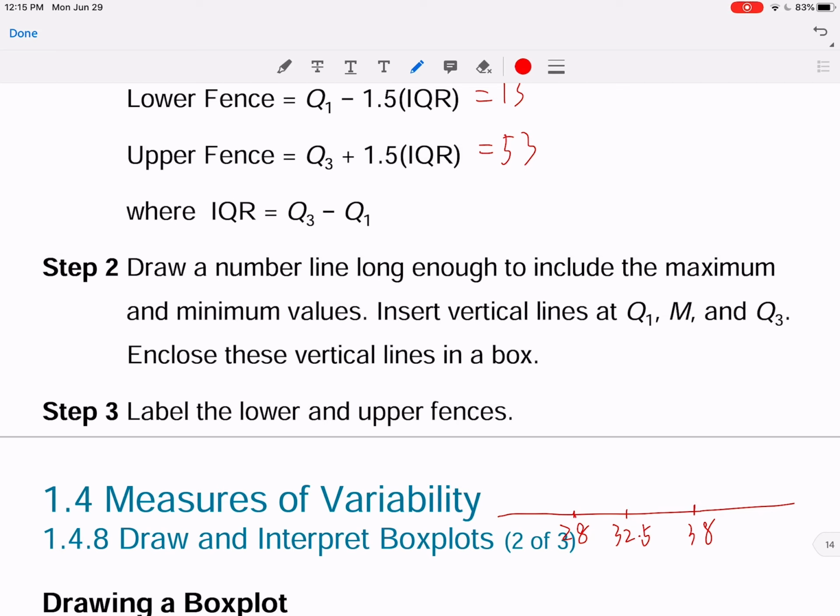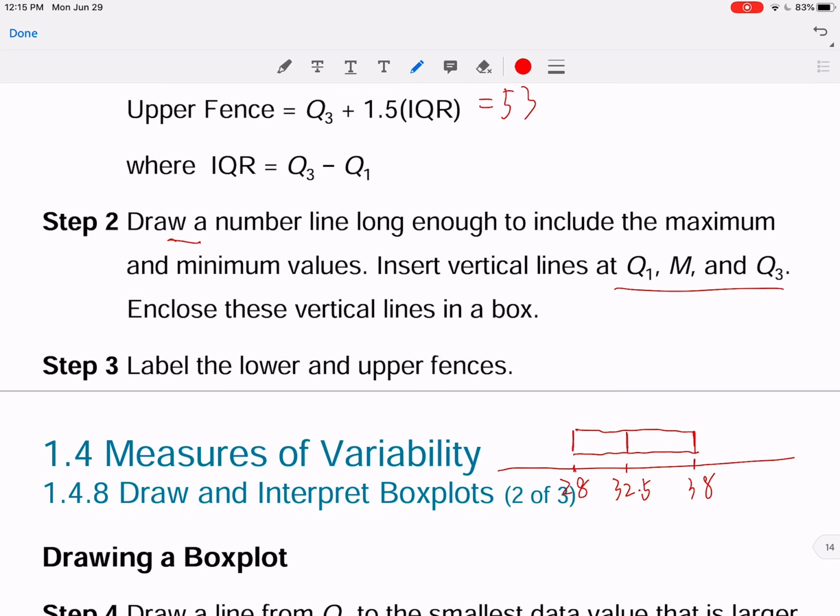And based on step 2 over here, draw a number line long enough to include the maximum and minimum values. Insert vertical lines at Q1, M, and Q3. Enclose these vertical lines in a box. So we just draw a vertical line above Q1, above the median, and above Q3, and then enclose these vertical lines in a box, like this.